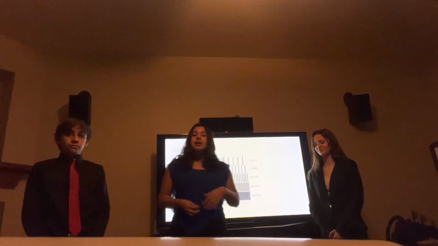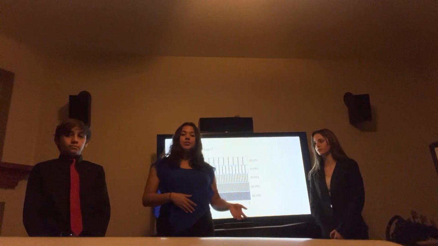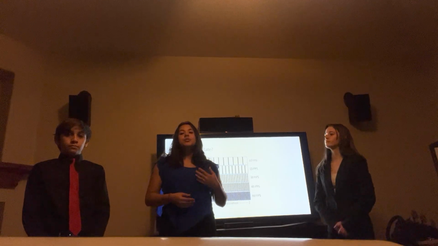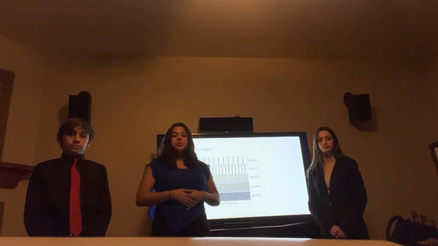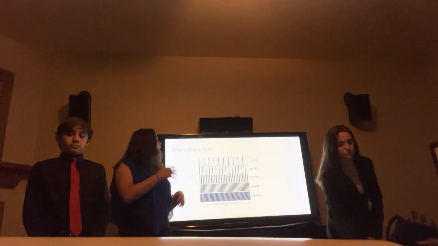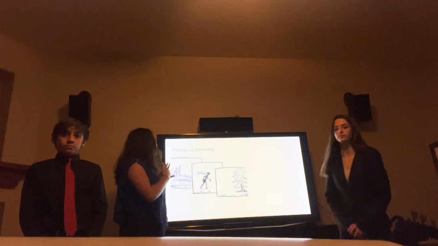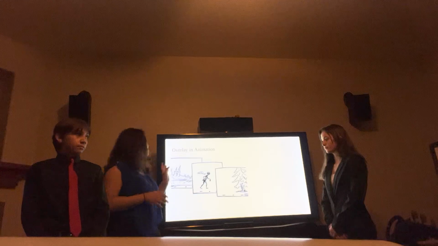Next, I'll be talking about superimposement animation. Superimposement, also known as overlay, is when you layer images on top of each other to give the animation more depth and background. As you can see in this picture, this is the underlying image that's being used in this animation.